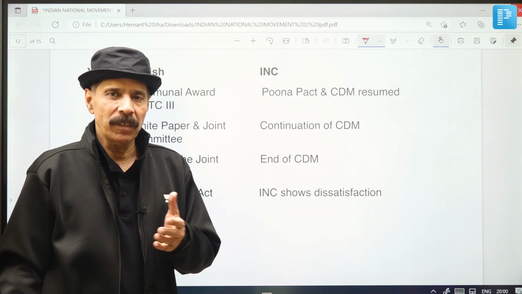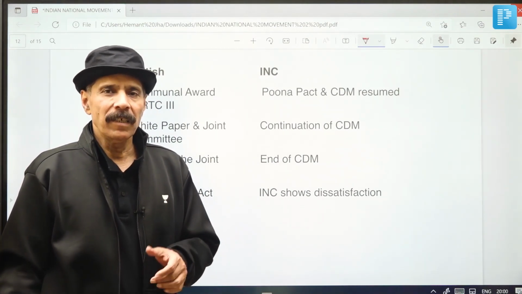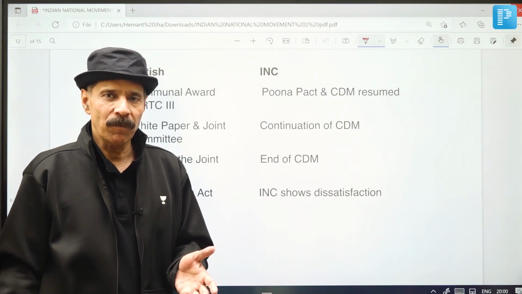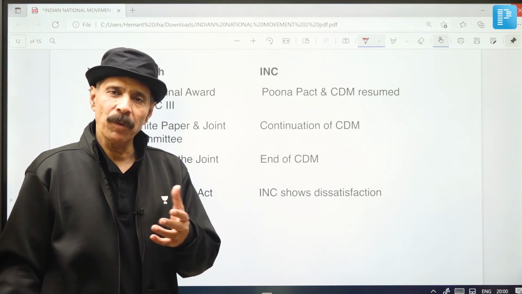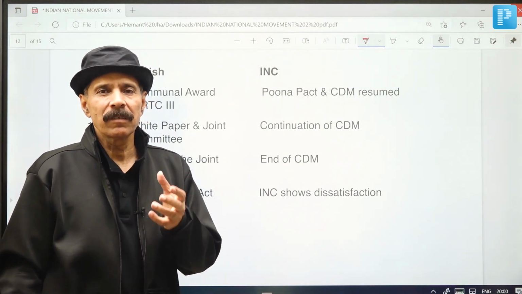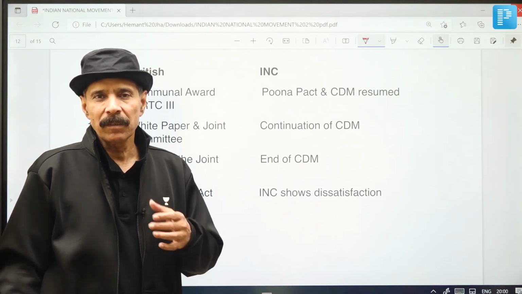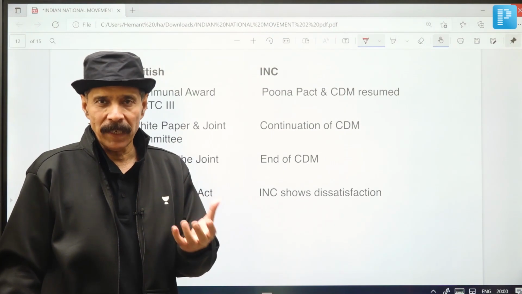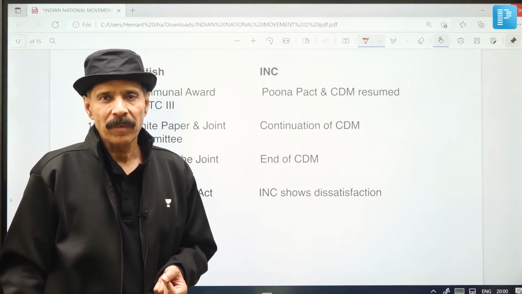This demand he had presented before Simon Commission in 1928 in India. And then he attended the first round table conference, he attended the second, he attended the third also, and there also he presented the same demand. And the British welcomed, supported and appreciated such demands because fulfillment of such demands meant division within Indian society.